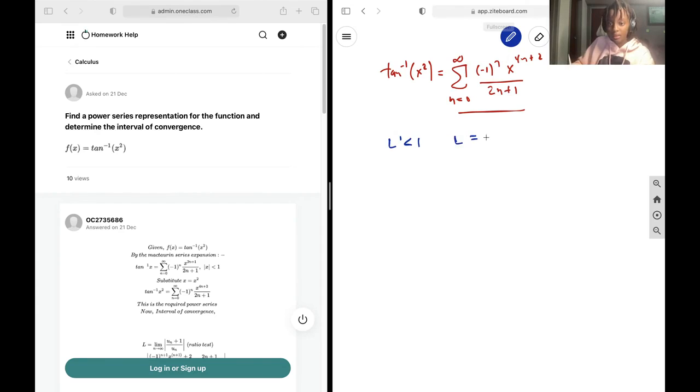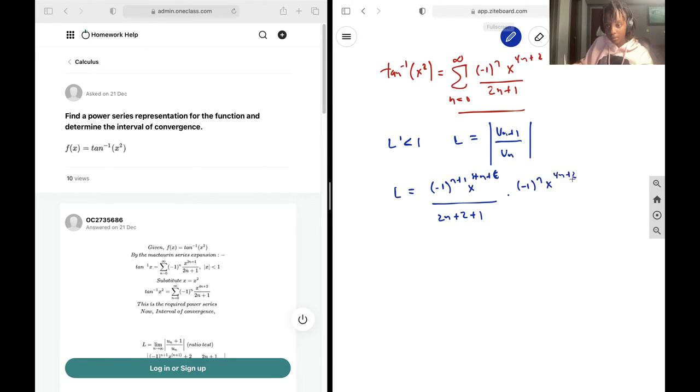And we need to recall that L is equal to u n plus 1 over u n if u n is this. So L is going to be equal to negative 1 to the n plus 1, x to the 4n plus 6, all over 2n plus 2 plus 1, multiplied by, this is going to be the u n part, negative 1 to the n, x to the 4n plus 2 all over 2n plus 1.